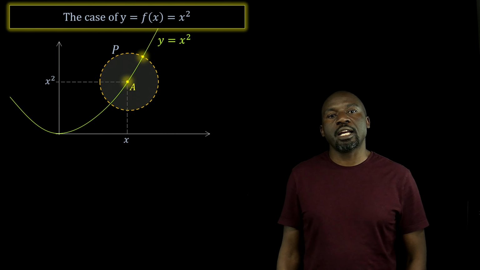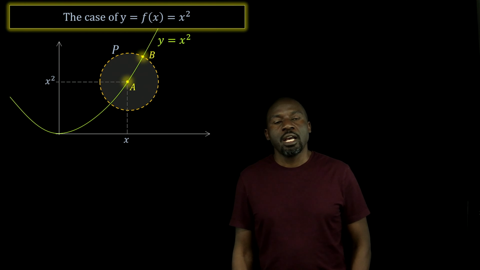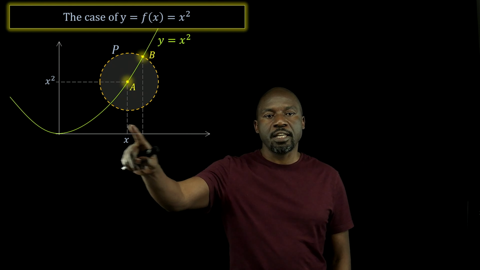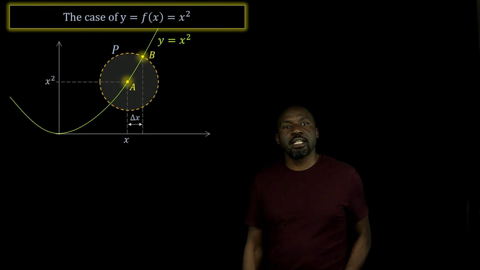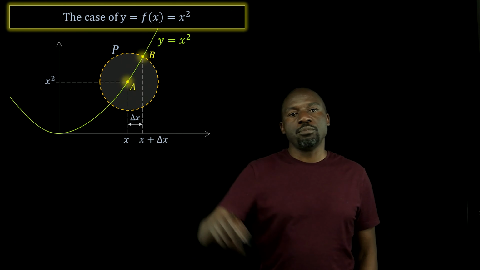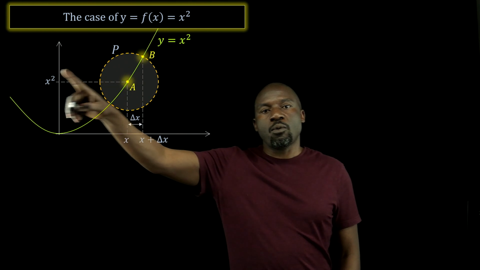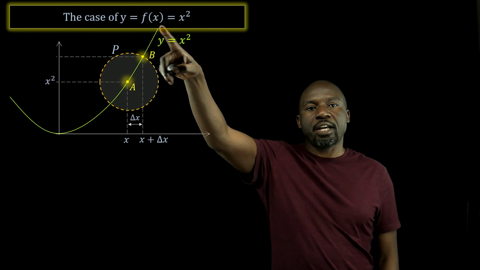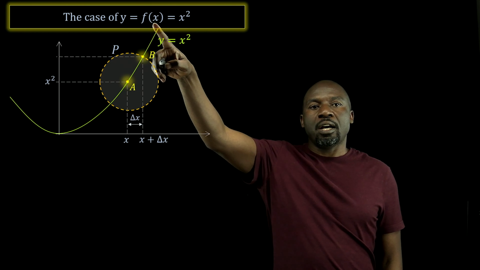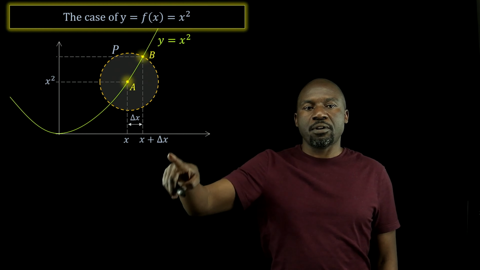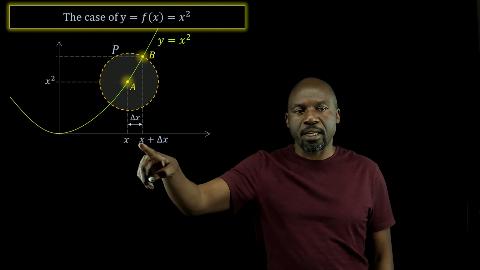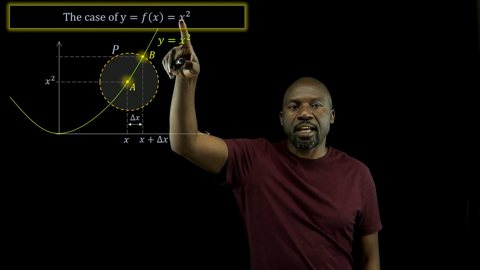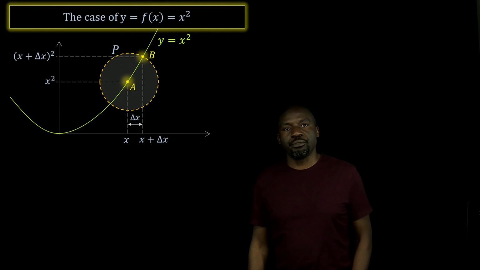So we have a point A in the line and another point B, and we can find the coordinates of point B. If we let this distance here be delta x, then we can find the x coordinate of point B, and consequently the y coordinate of point B. And because the function is f of x is x squared, f of x plus delta x is going to be x plus delta x squared. All right, let's see if you understand this.